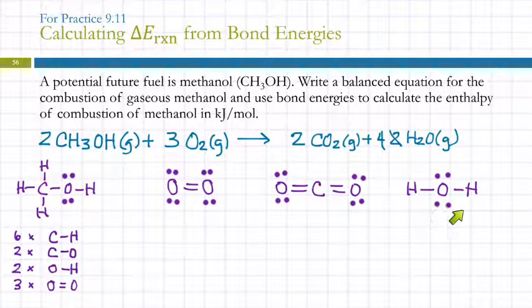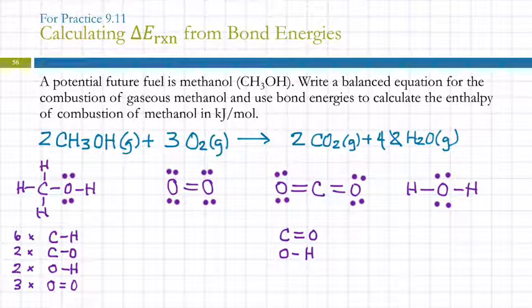So then let's list the different types of bonds that are present in our products. We have carbon-oxygen double bonds, and we have oxygen-hydrogen bonds. There's only 2 kinds over there. List the kinds, then figure out how many. Well, 1 molecule of carbon dioxide has 2 of these bonds.